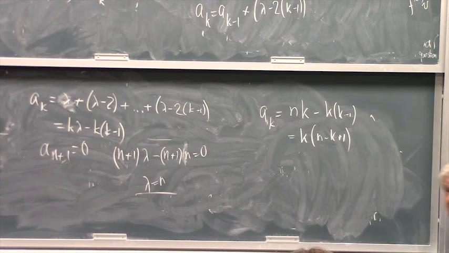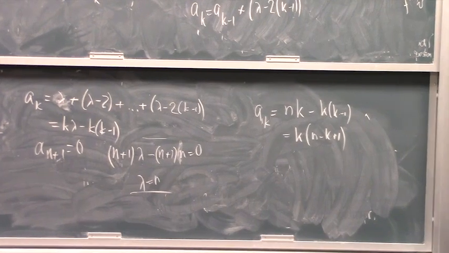So if k is... something strange, it should be negative n. So what is wrong? What can be wrong here? k times (n minus k plus 1). No, that's okay. That's okay.